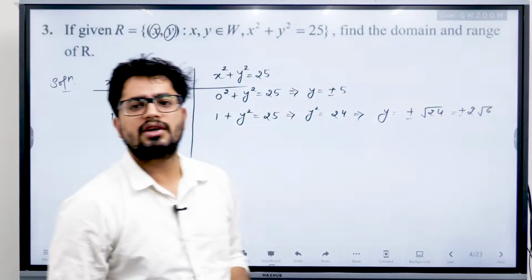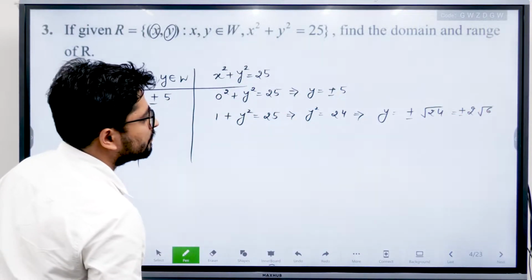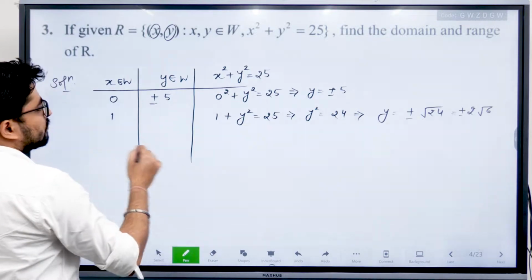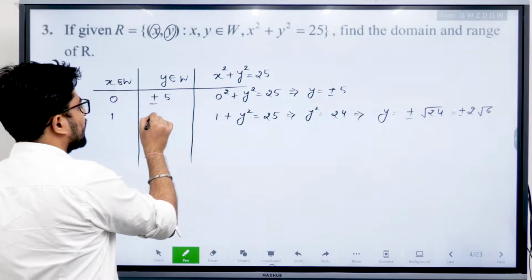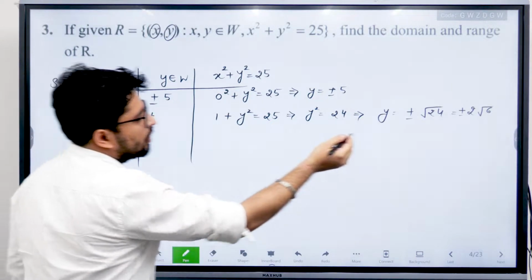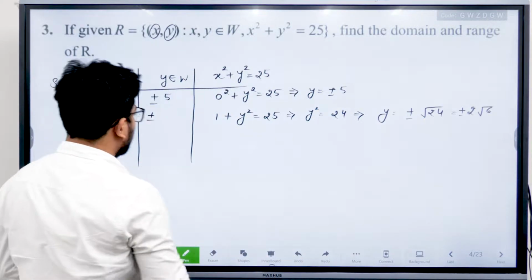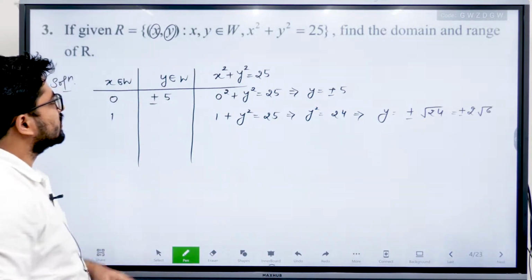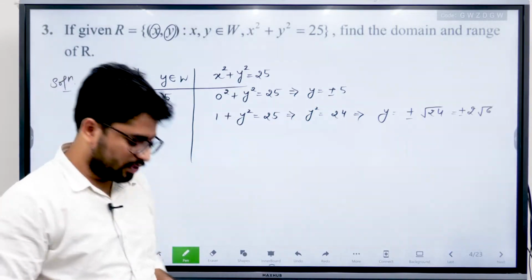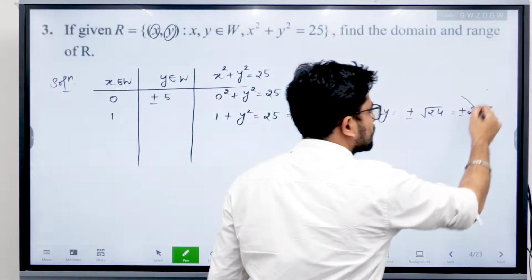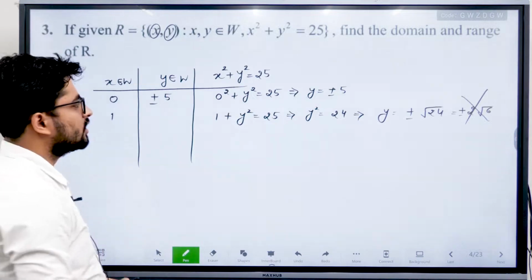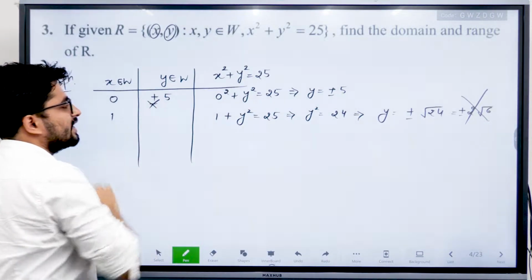So this is ±2√6. But y is a whole number, so we cannot take these values. Similarly here, we cannot take the minus value.